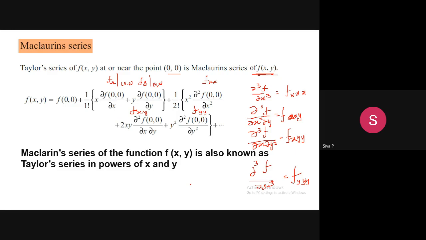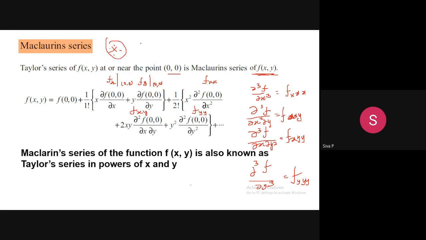So what are the types of Taylor series? There are two types. One is the Taylor series at the point (a, b), or in powers of (x minus a) and (y minus b). The second one is called the Maclaurin series. This is also one of the important MCQs.